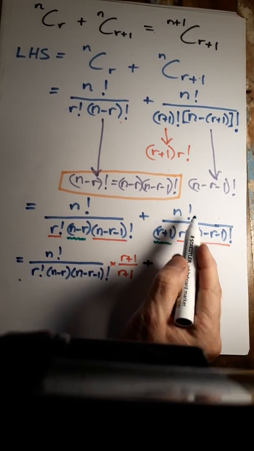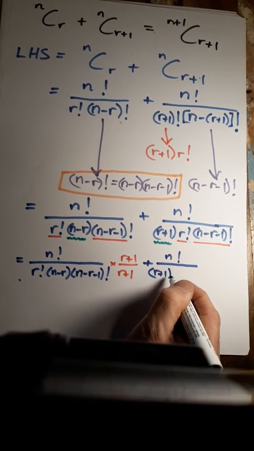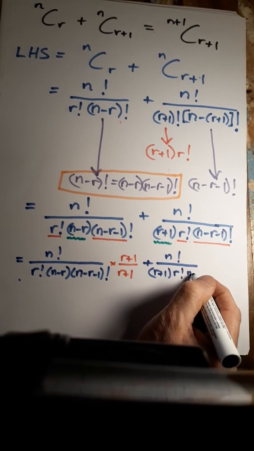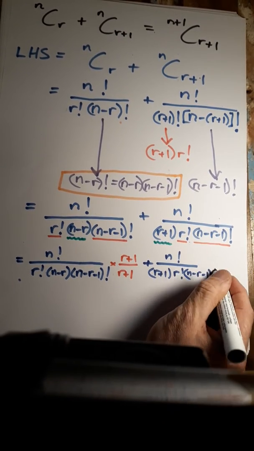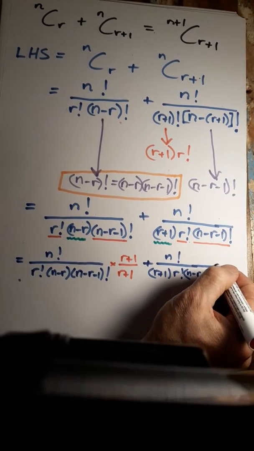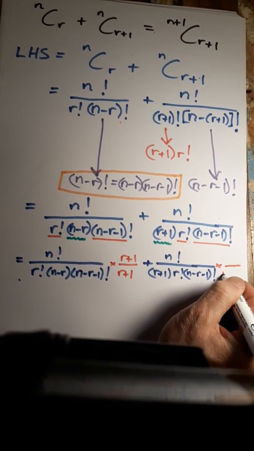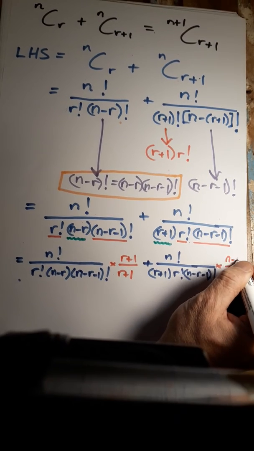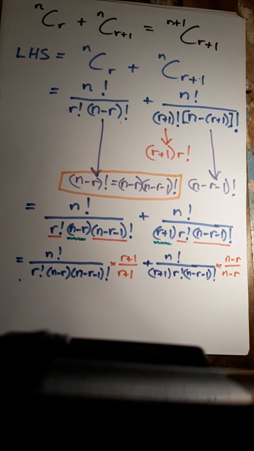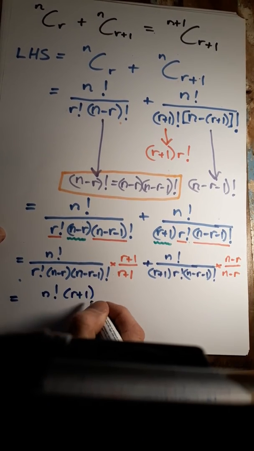Plus, now this one here, this n factorial on r plus 1, r factorial, n minus r minus 1 factorial, it's going to need to be multiplied by what it doesn't have, which is n minus r. So now the denominators are the same. The numerator here, we've got n factorial times r plus 1.